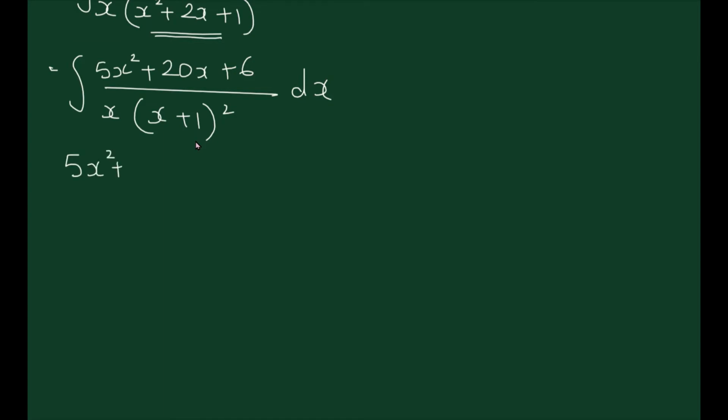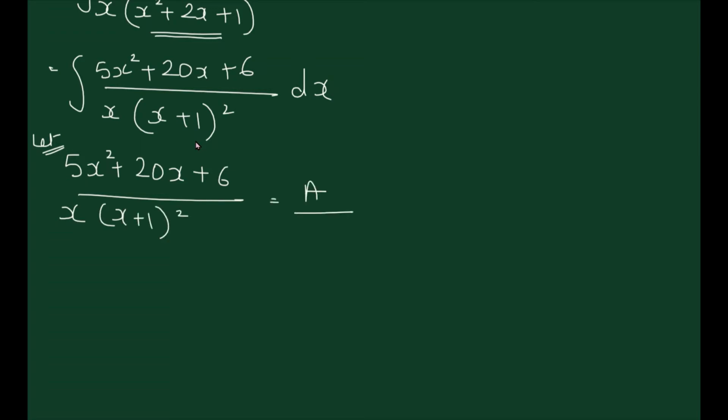5x square plus 20x plus 6, that is, let the whole term be a upon x plus 1 plus b upon x plus 1 the whole square, yes, like the fourth sum, plus c upon x.